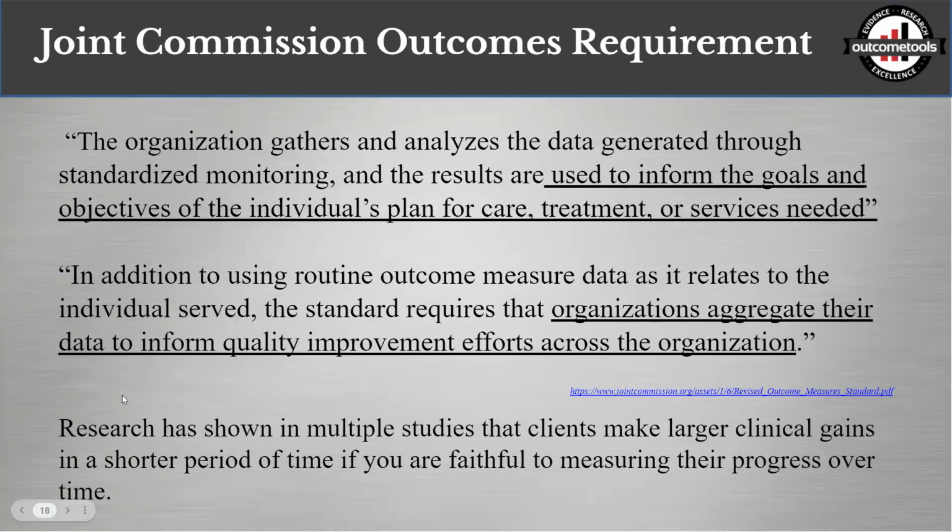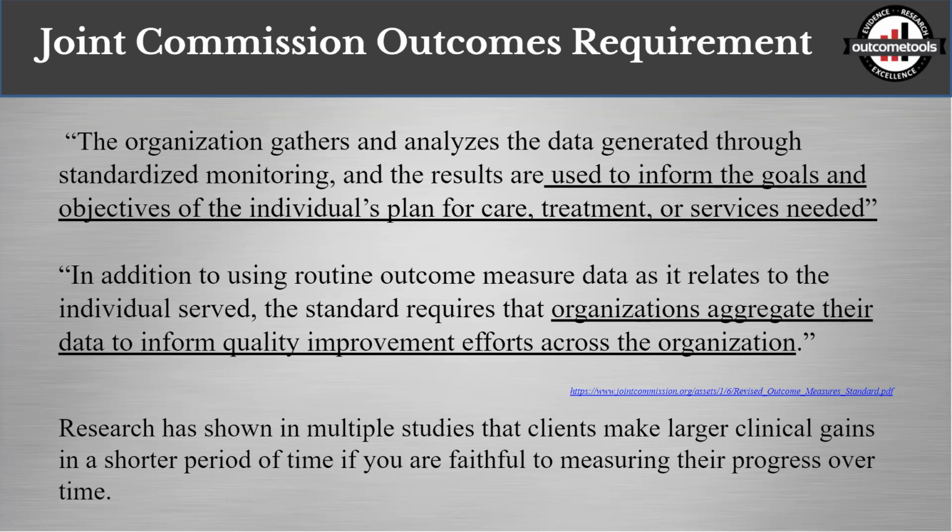To review some of the Joint Commission requirements, and we'll also review briefly the CARF requirements. In 2018, the Joint Commission came out with, they were always required outcomes measurement, but they weren't very specific about what exactly needed to be done. And so in 2018, they updated their standard to say that you needed to use a standardized tool that has a reliable change index.